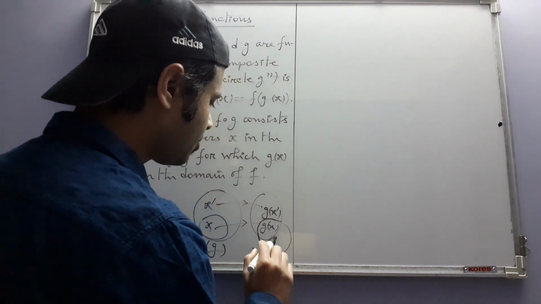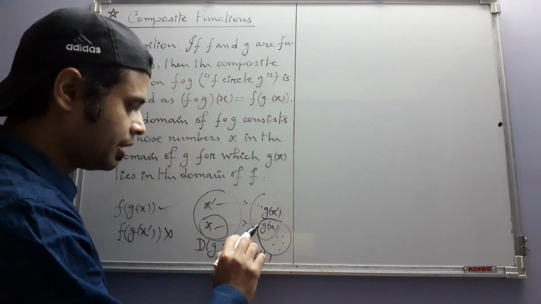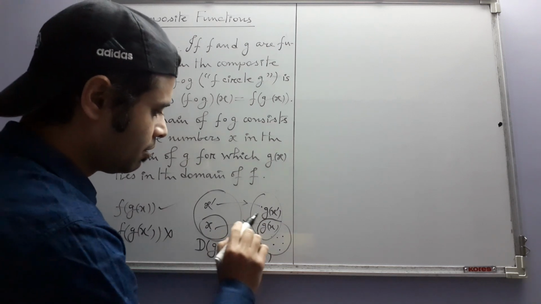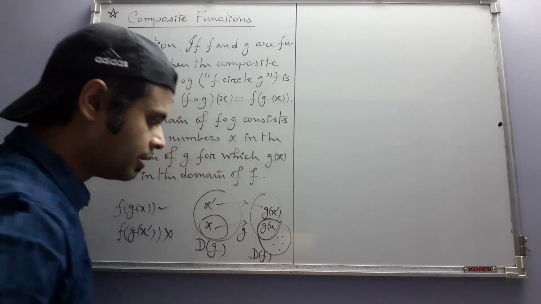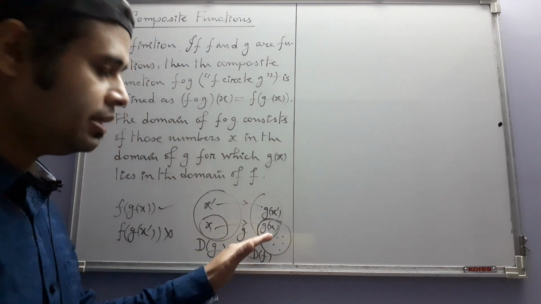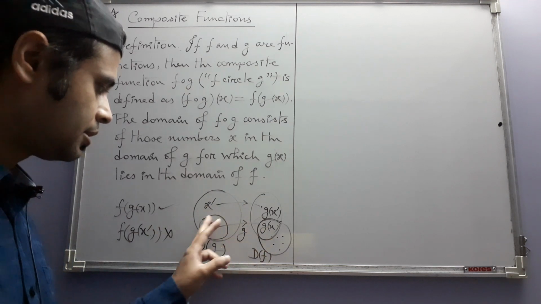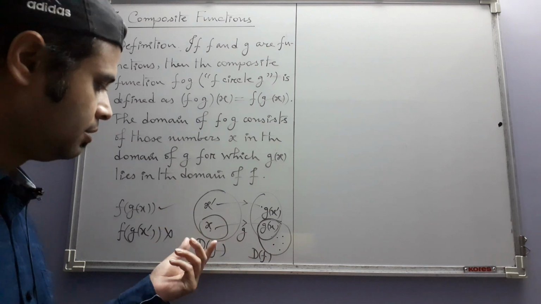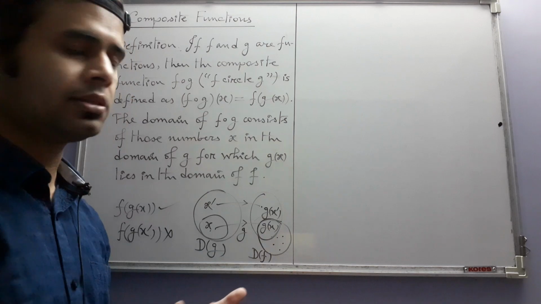There may be some points in the domain of f which are not reached by the function g, that is fine, but whatever points are reached by g, we can only consider the corresponding inputs here in the domain of g. That will determine what the domain of f circle g is.